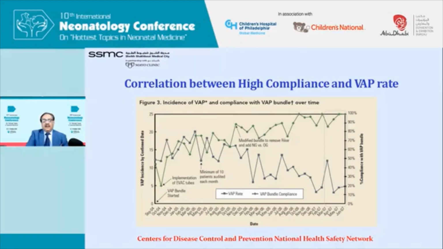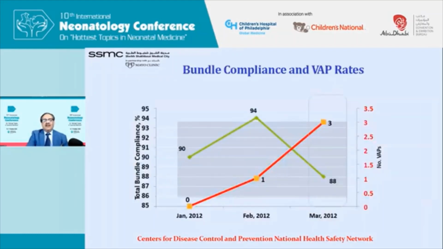Now, you see that the VAP bundle started here, then implementation of that, and then a minimum of 10 patients audited each month. And so long as they are auditing and their compliance is increasing, the rate of the VAP is decreasing. So it's a very positive correlation. To make it easy and simple, this is the total bundle compliance, and this is the number of VAPs.